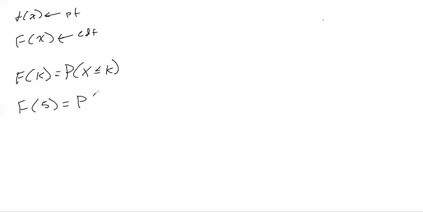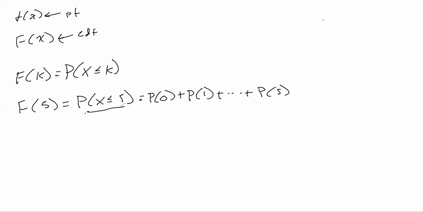This would be the probability of X being equal to or less than 5, which would be the probability of 0 cars being sold, plus the probability of 1 car being sold, all the way to 5 cars being sold in that given time frame. This is discrete. It's countable.